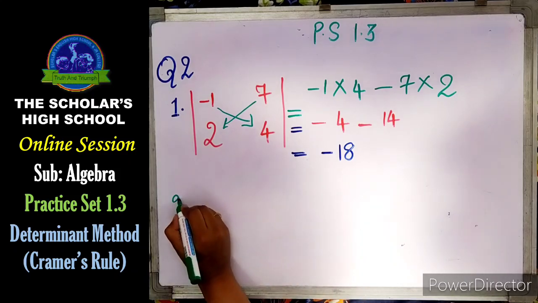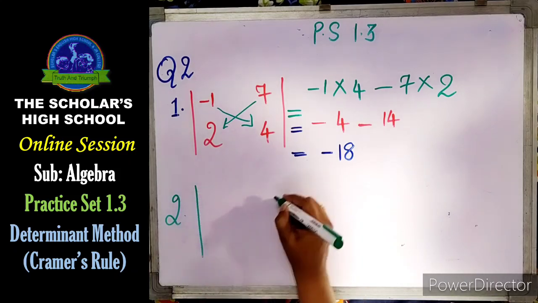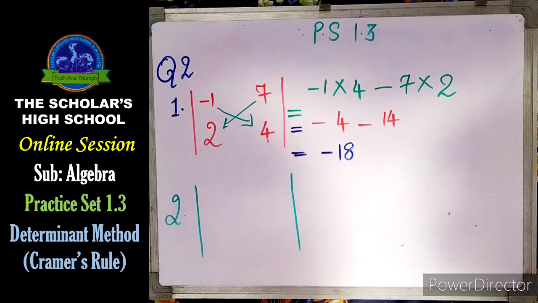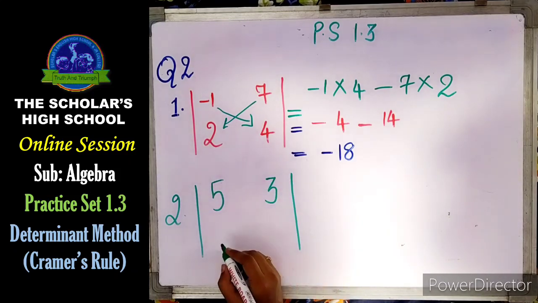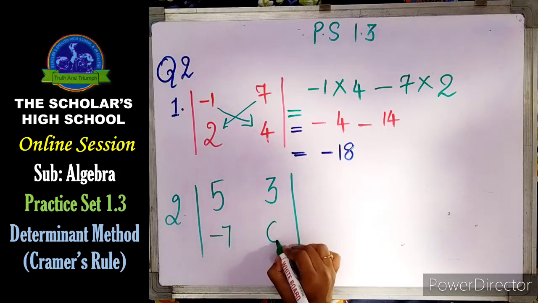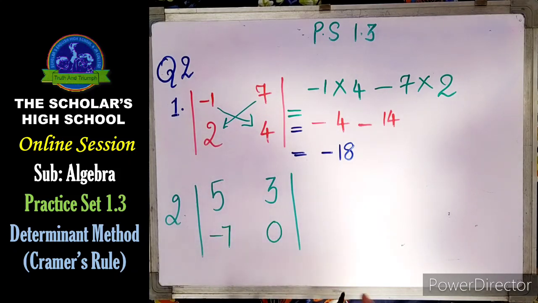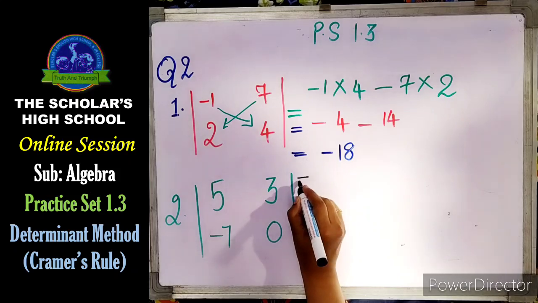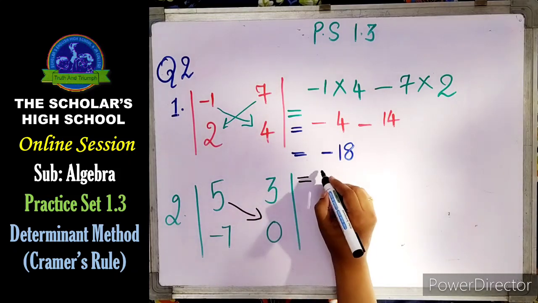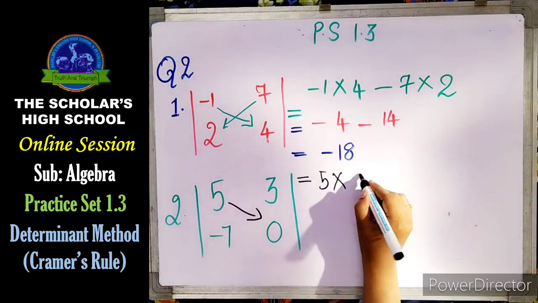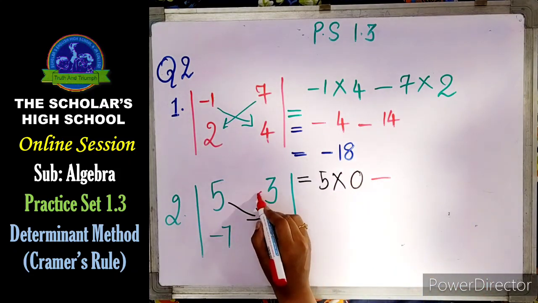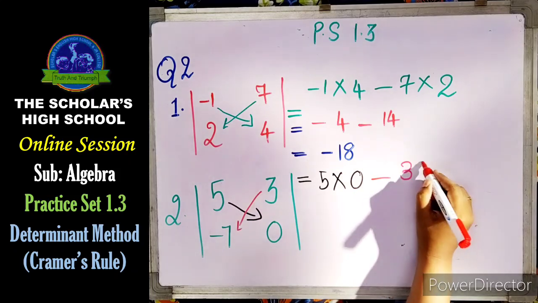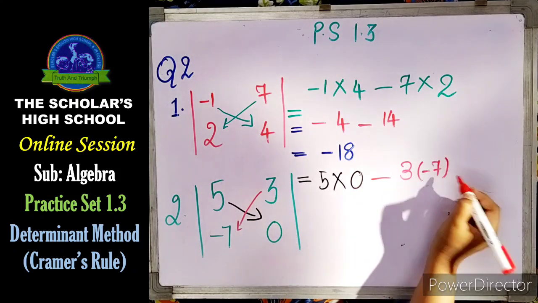Your next question is, it is 5, 3 in a row and below -7, 0. So we'll see the multiplication. 5 multiplied by 0, then minus 3 multiplied by -7.